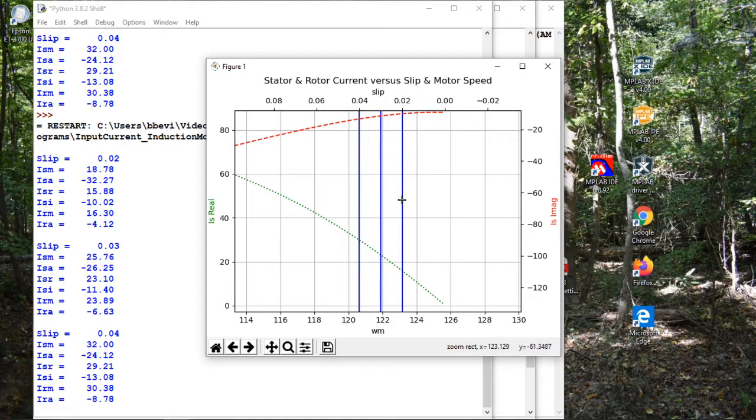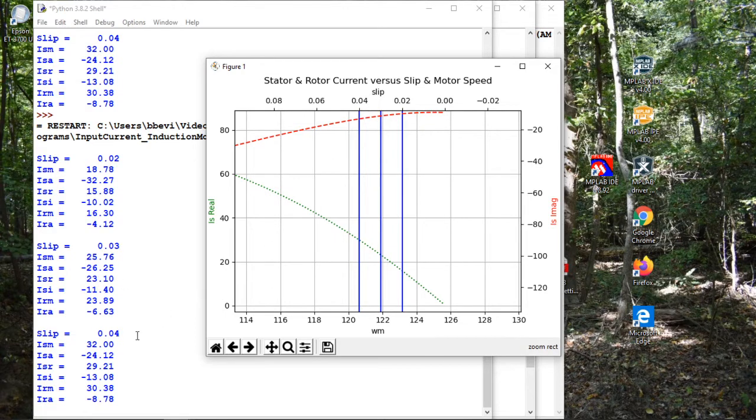With a slip of 0.2, the real part of the component is 15.88. If we go up to a slip of 0.3, the real component is 23.